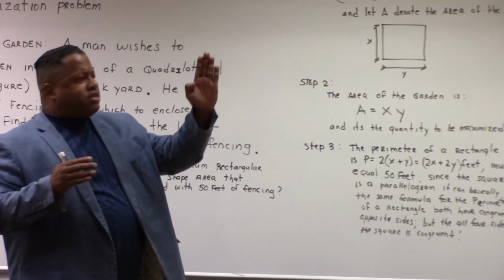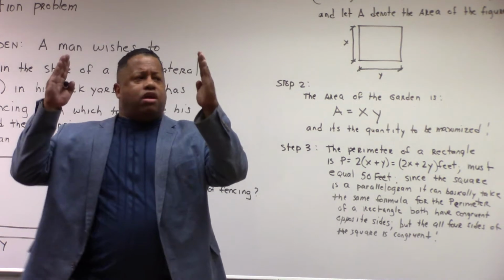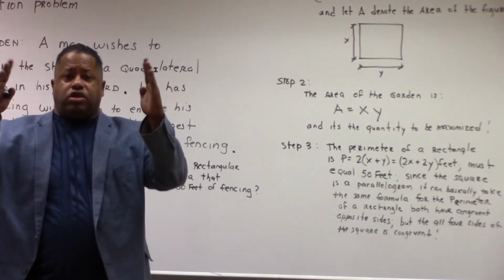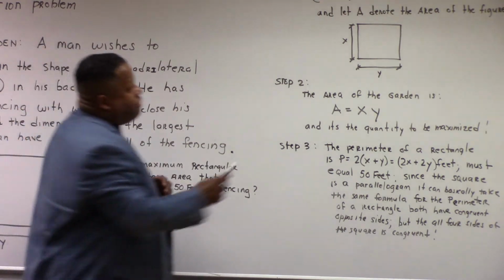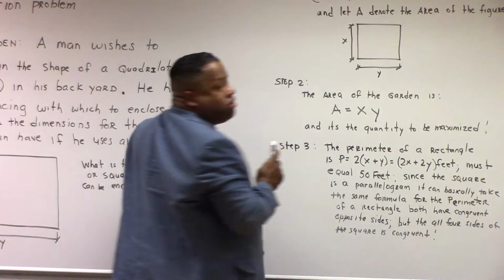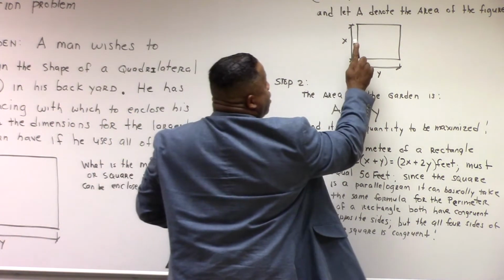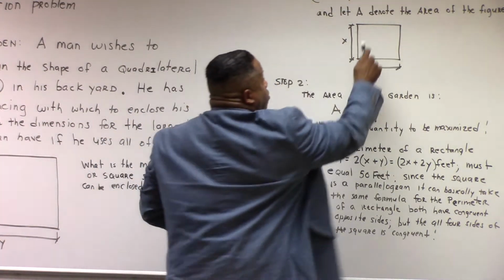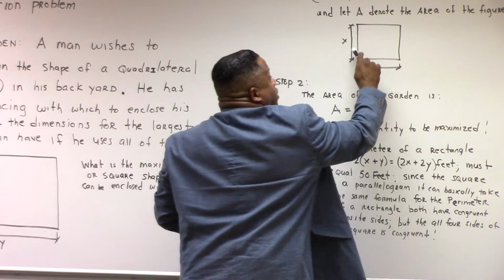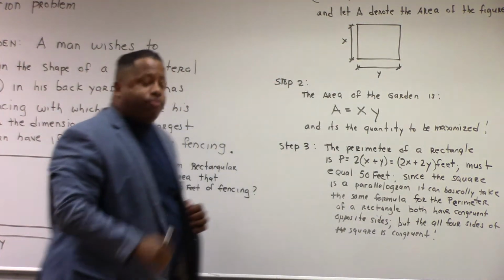In a rectangle, opposite sides are congruent to each other, like from here to here, and this side and this side. But if it's a square, then all four sides are the same.